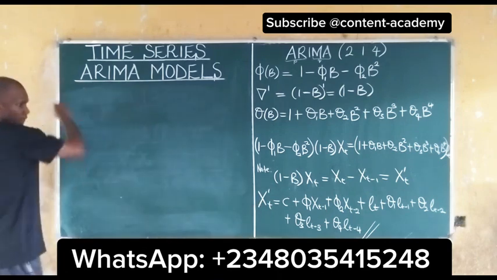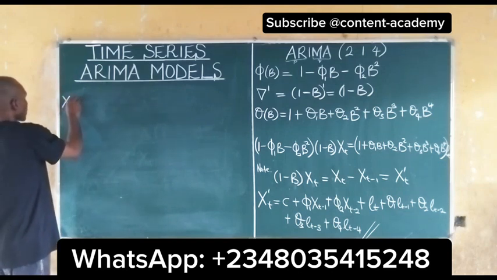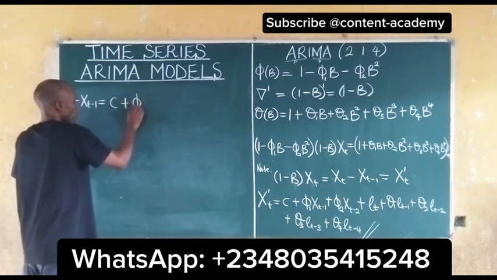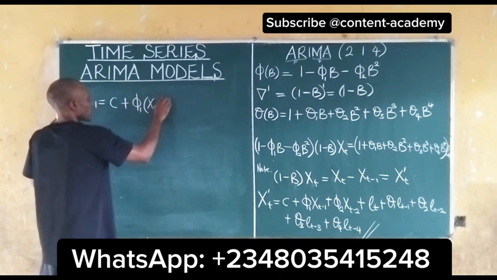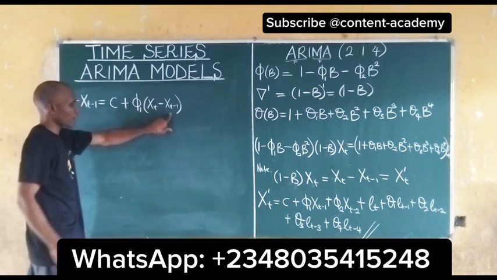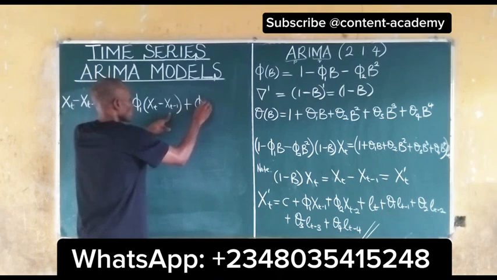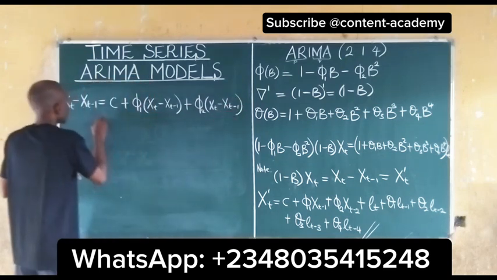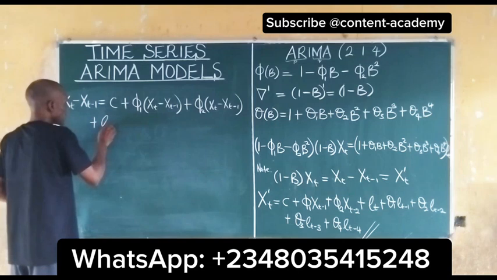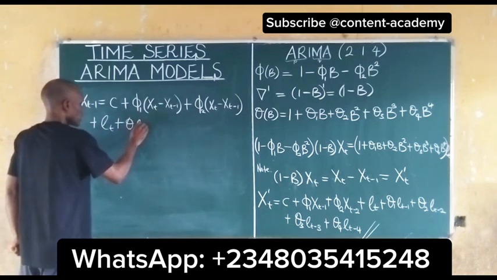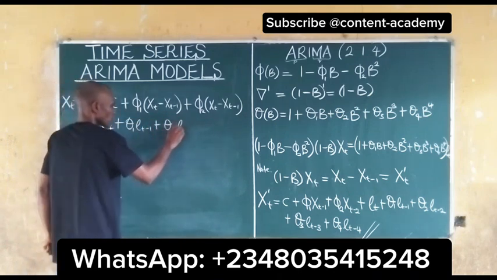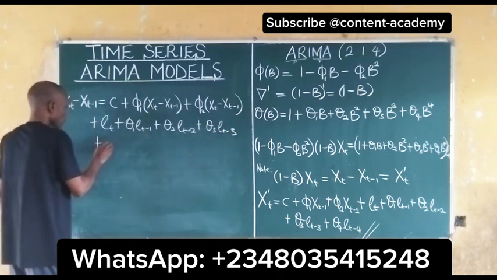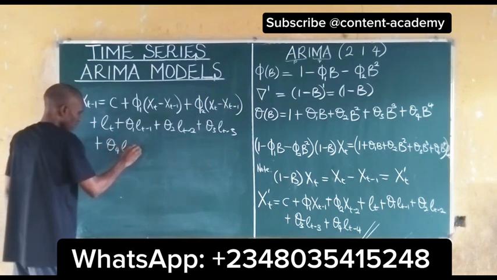So this can also be written as X_t minus X_{t-1} is equal to our constant plus phi_1 (X_{t-1} minus X_{t-2}), because they are the time series values, plus phi_2 (X_{t-2} minus X_{t-3}) plus e_t plus theta_1 e_{t-1} plus theta_2 e_{t-2} plus theta_3 e_{t-3} plus theta_4 e_{t-4}.